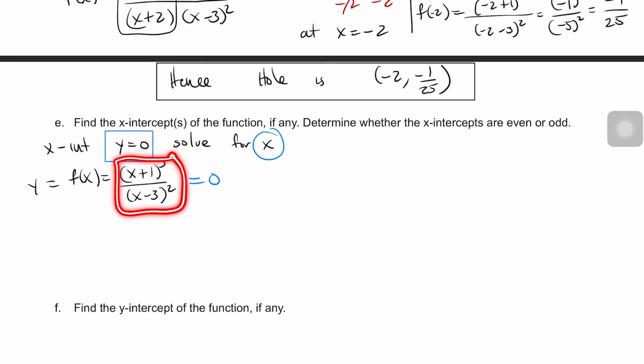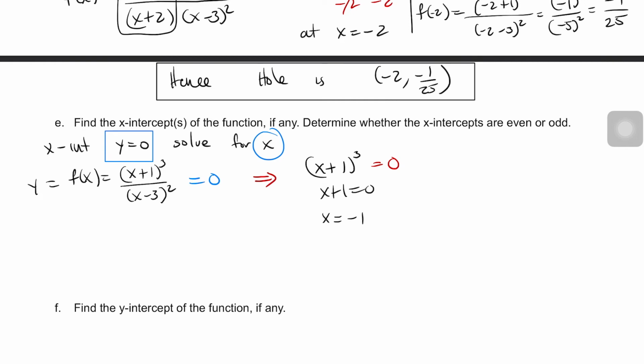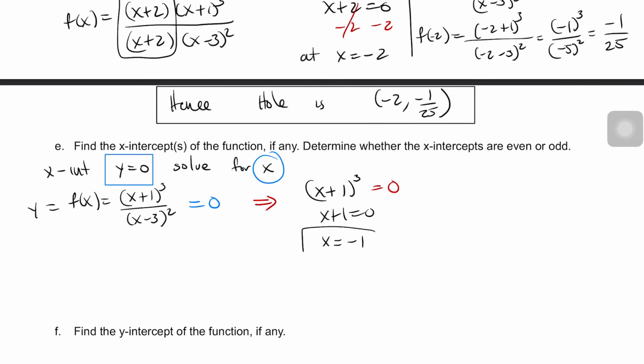To solve for x, the only way that this whole thing is going to equal 0, there's only one way. And that is whenever the numerator is actually 0. There's nothing the denominator can be. If the numerator is not 0, then the whole thing cannot be 0. So this translates to a problem of solving for x whenever x plus 1 to the third is equal to 0, which happens when the inside is equal to 0, at x equals negative 1.